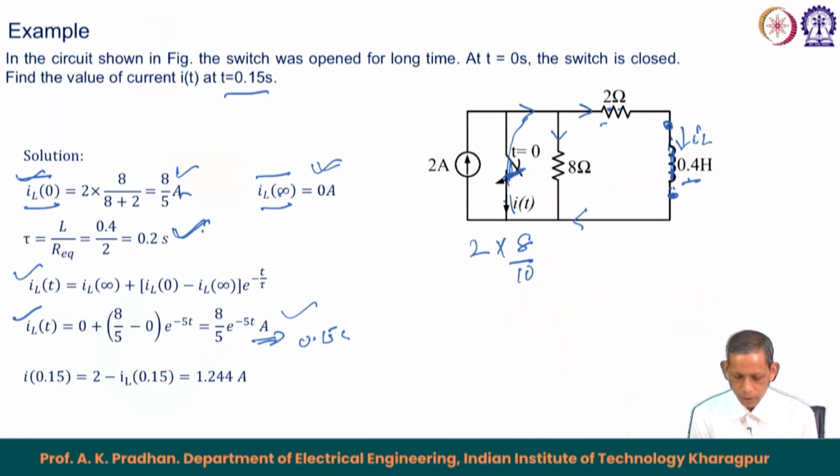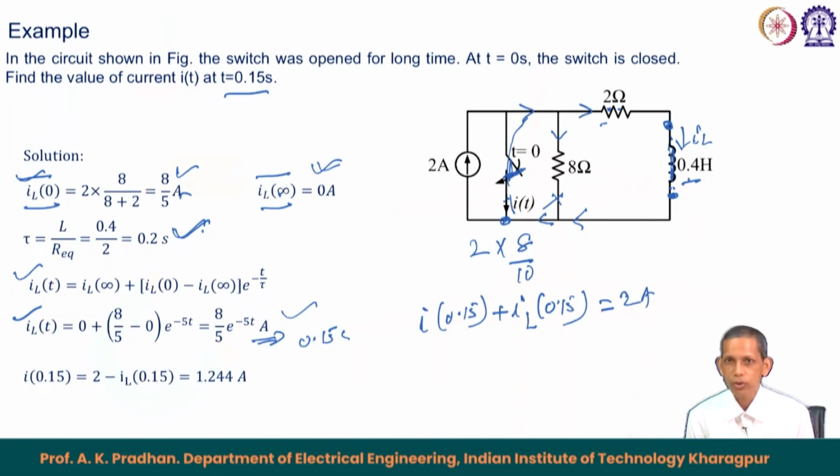And now, as I told, this current will flow here also because this is shorted, so this becomes redundant in this case. At this node we apply KCL: the current I at 0.15 second plus I L at 0.15 second equals 2 ampere.